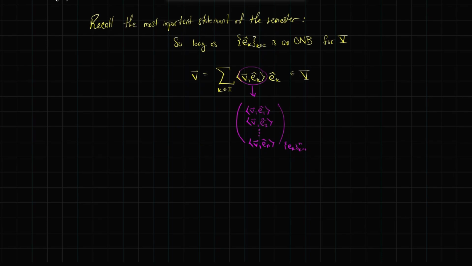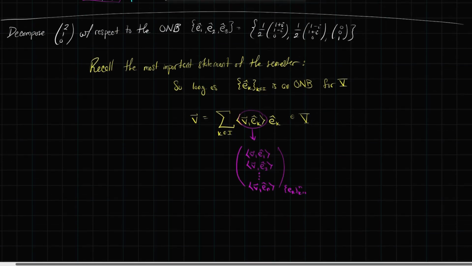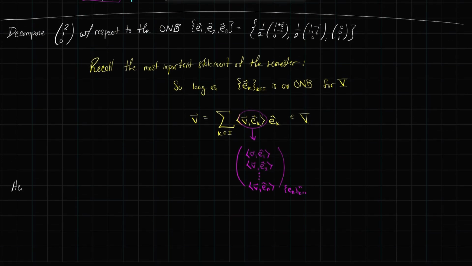So all we need to do is compute a lot of inner products of our vector against the vectors in our orthonormal basis. Hence, we compute V against E hat 1, which happens to be the inner product of (2, 1, 0) against 1/2 (1 plus i, 1 minus i, 0). If I read across horizontally, I just need to recall that I'm taking a conjugate on the right-hand side.